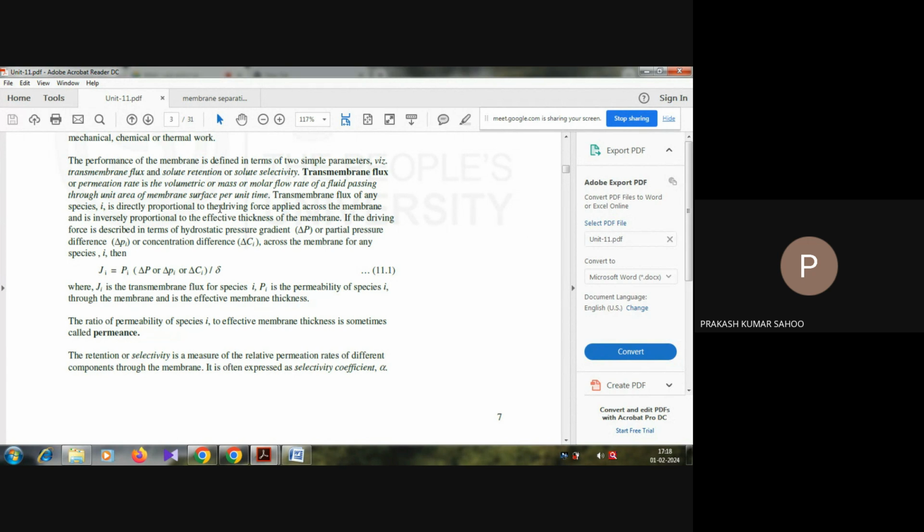The permeation rate is the volumetric, mass, or molar flow rate of the fluid passing through unit area of the membrane per unit time. So per unit area of the membrane surface per unit time, how much by volume, by mass, or by molar unit the fluid is passing through is known as the transmembrane flux.